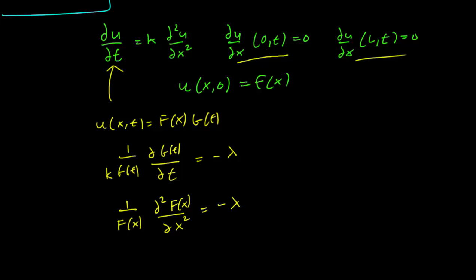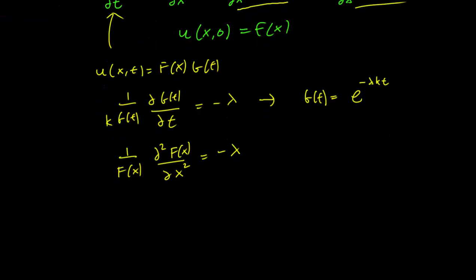The G equation works the same as it did before, and using the separation of variables argument, we can find that g(t) equals e to the minus lambda k t, again with the constant c set equal to 1 just for convenience.